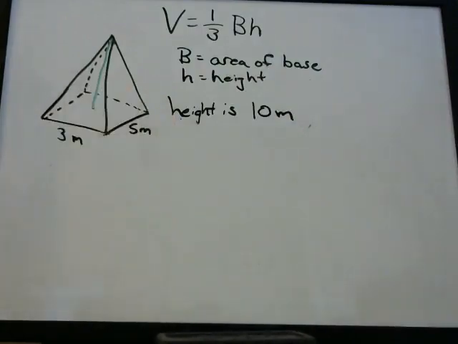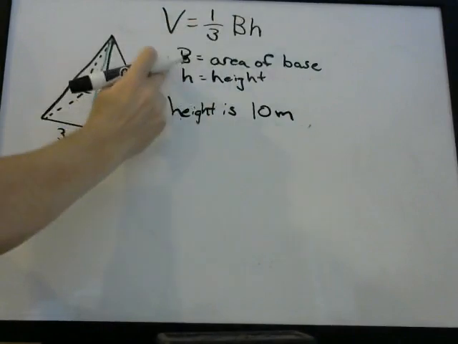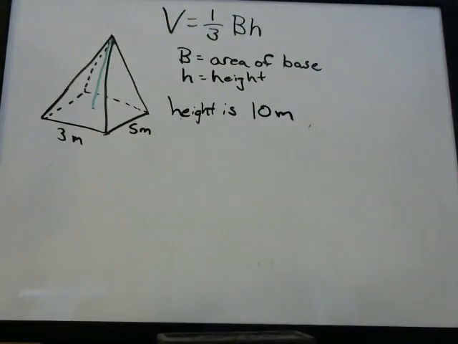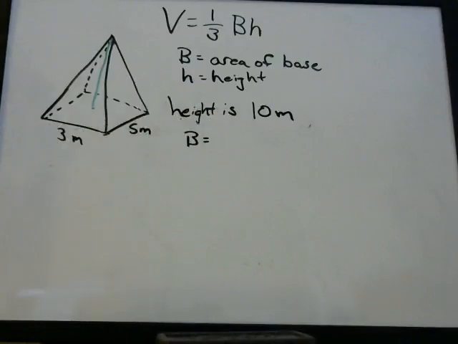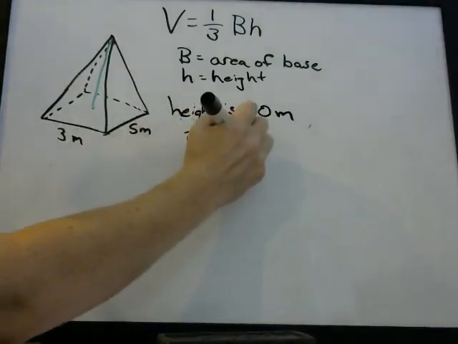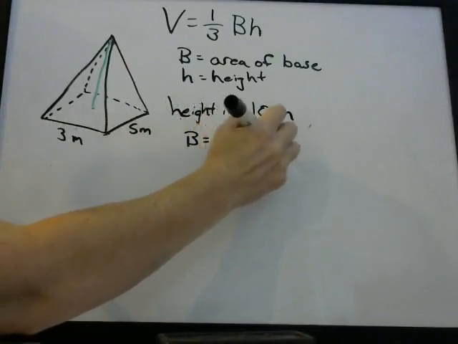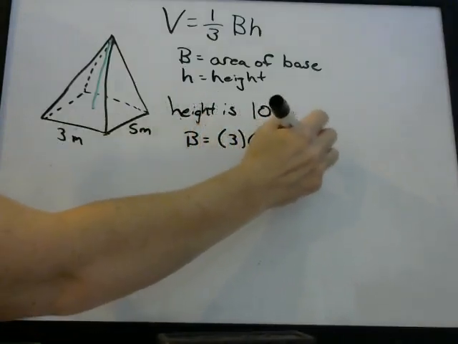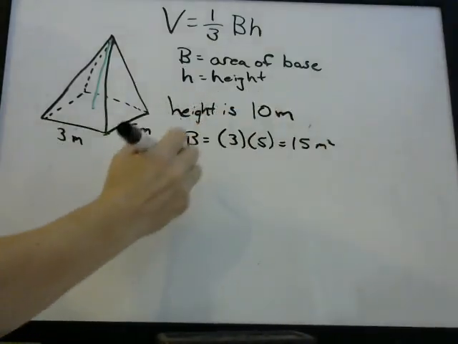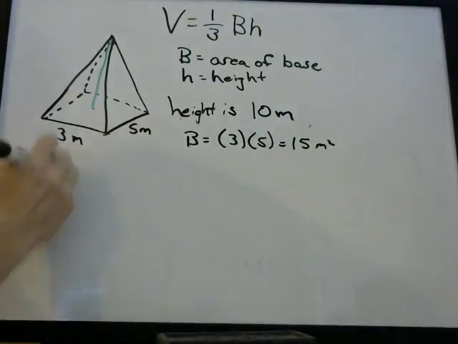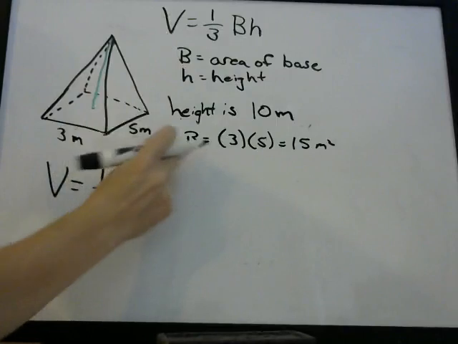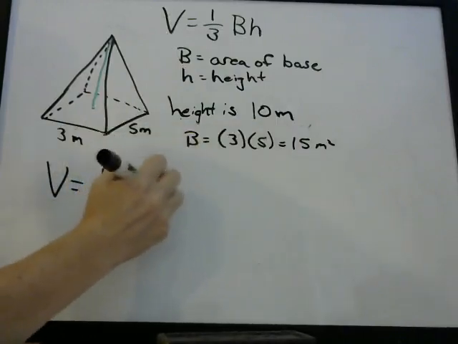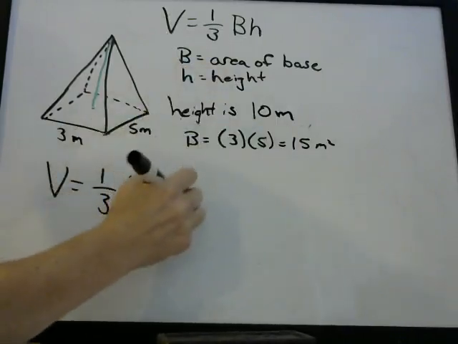But it's the same formula, 1/3 B times H. B is the area of the base. So what's the area of the base of this rectangle, which is 3 by 5? Again, the area of a rectangle is length times width, which is 3 times 5 equals 15 meters squared. Height they're giving us is 10. So our volume is 1/3 times B, which we found was 15, times height, which is 10.